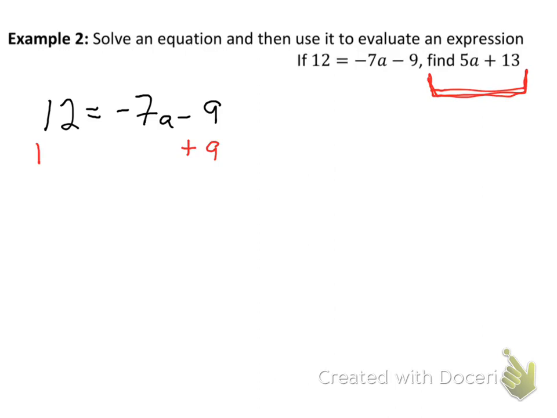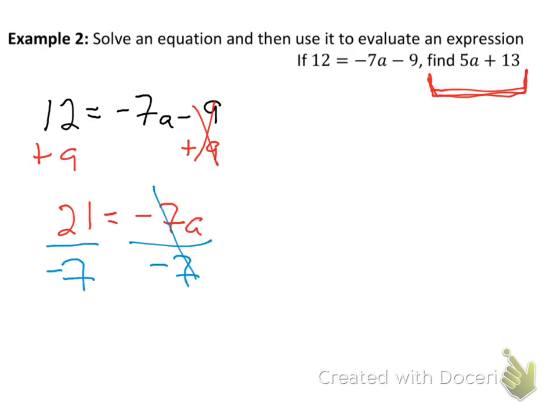I'm going to add 9 to both sides. 12 plus 9, that's going to give me 21, equals -7a. So to close this out, I'm going to divide both sides by -7. And I get a equals -3. Okay, so that's my first part. Now that I know what a is, I can evaluate this expression 5a plus 13.